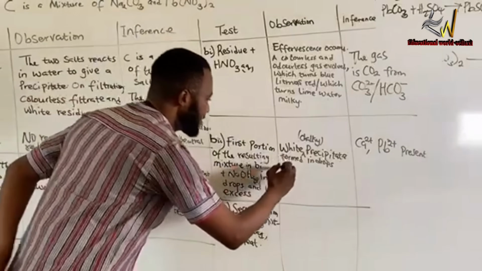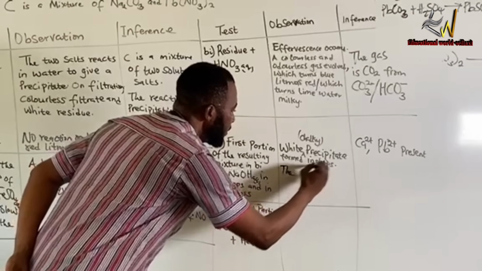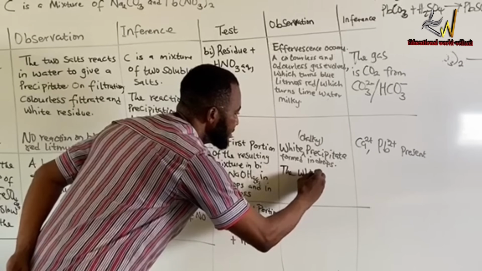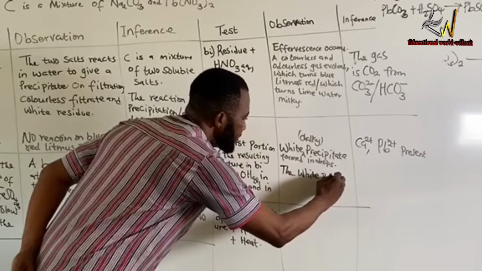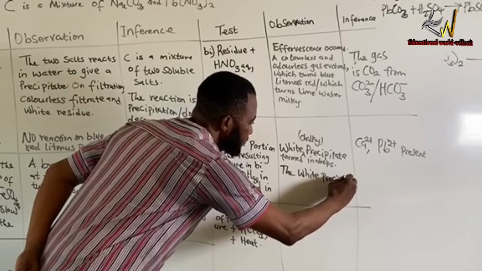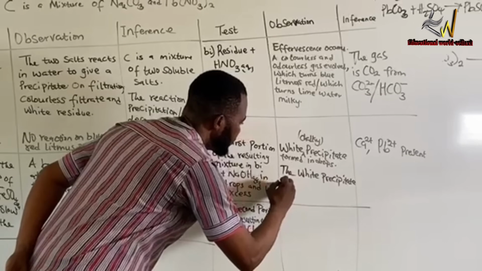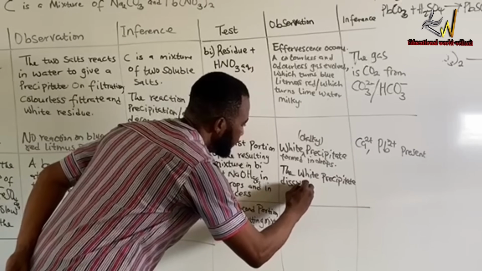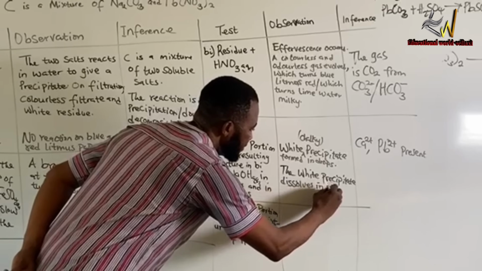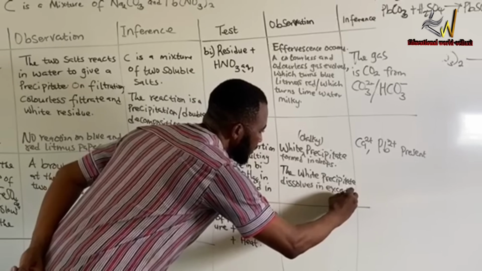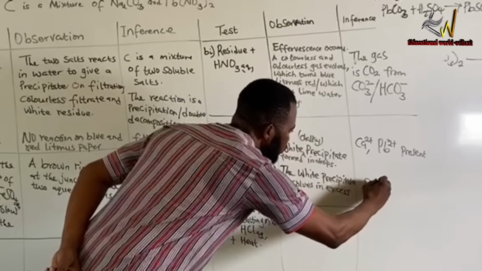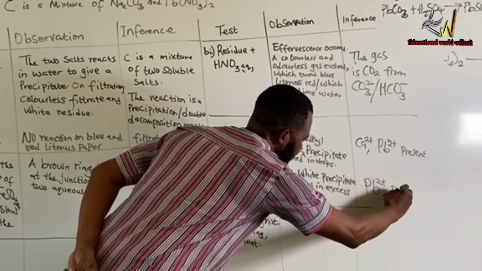Then in excess, the white precipitate dissolves. So lead 2 ion present.